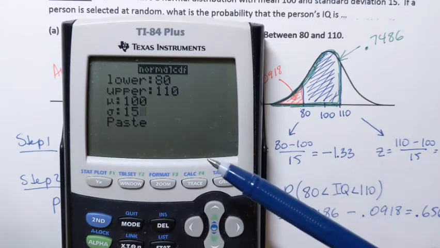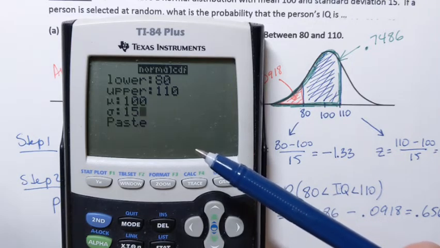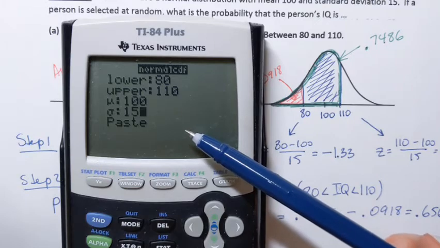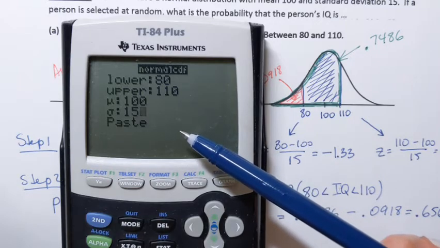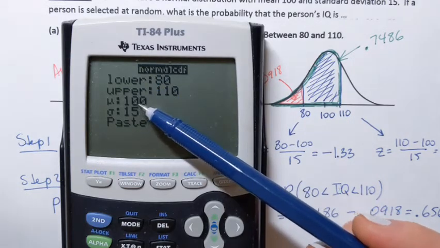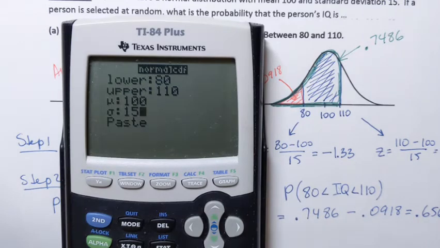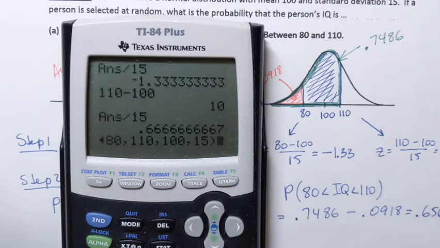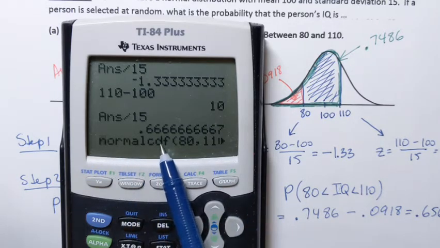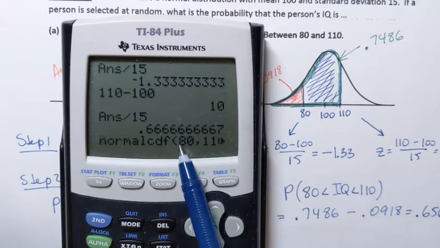But real quick, if you have a slightly different calculator, a different version or model, and it's not giving you this list, then most likely it's going to show you the following. It's going to tell you normal CDF, and it will open the parentheses for you. After those parentheses, you will have to enter those 4 numbers.